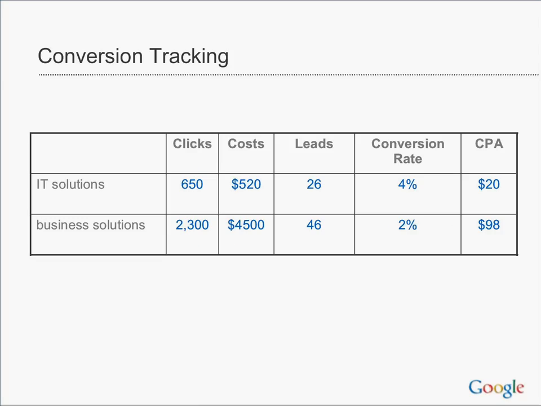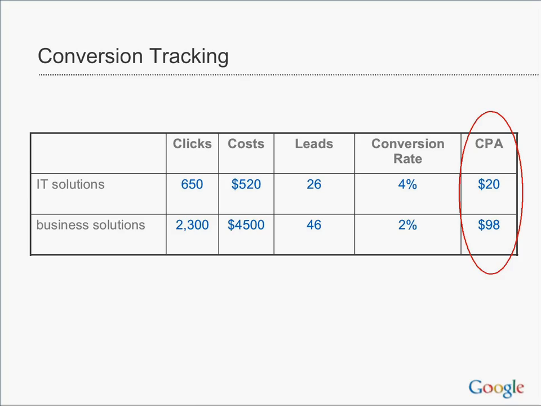At first glance, the keyword business solutions appears to be performing the best since it's driving substantially more traffic and conversions. However, because we have conversion tracking in place, and because the AdWords account is going to show us all these metrics directly within our account, we can quickly see that the cost per acquisition, or CPA, is actually much higher for the keyword business solutions.